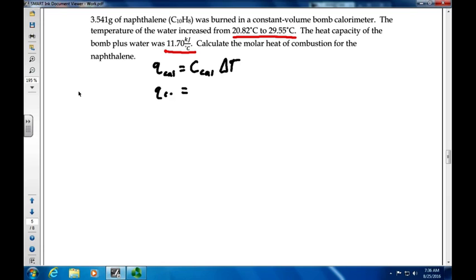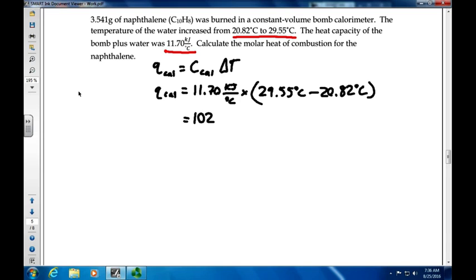Rewriting this, you can see 11.70 kilojoules per degree C times 29.55 degrees Celsius minus 20.82 degrees Celsius will get us the heat of the calorimeter, which after doing the arithmetic you'll find is 102.1 kilojoules, keeping to 4 significant figures.